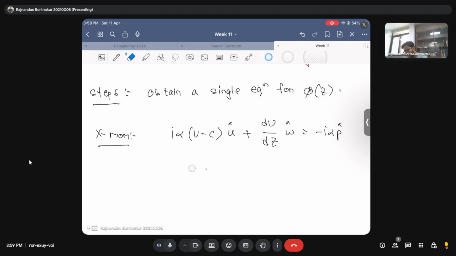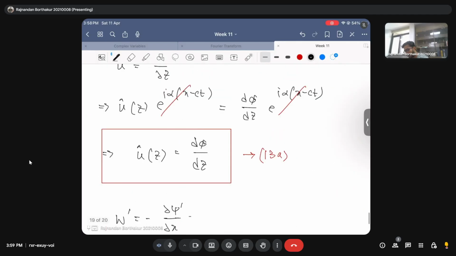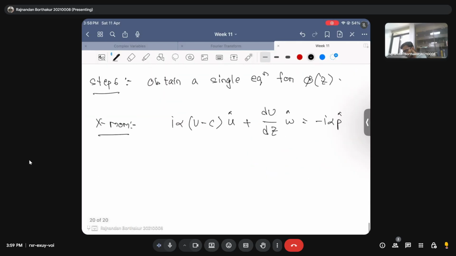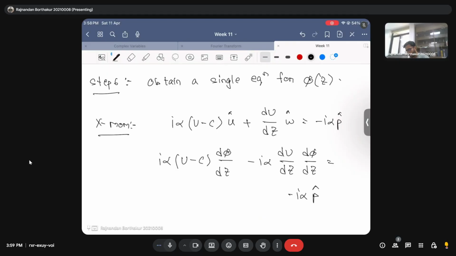So u hat is not minus i alpha phi, this is w hat. So u hat is what? u hat is d phi by dz, right? So this would be i alpha times (U minus c), u hat is d phi by dz, and then it is minus i alpha dU by dz times d phi by dz, and this is equal to minus i alpha times p hat.